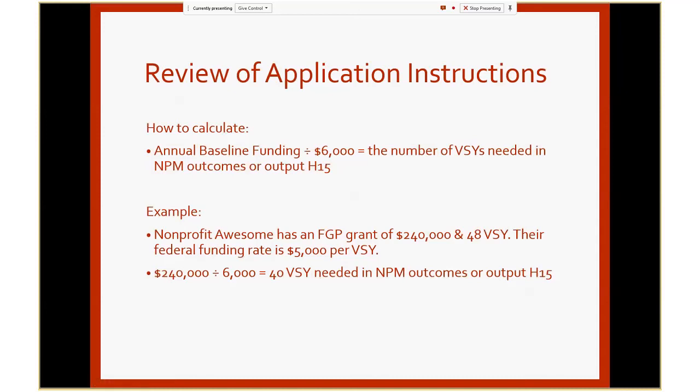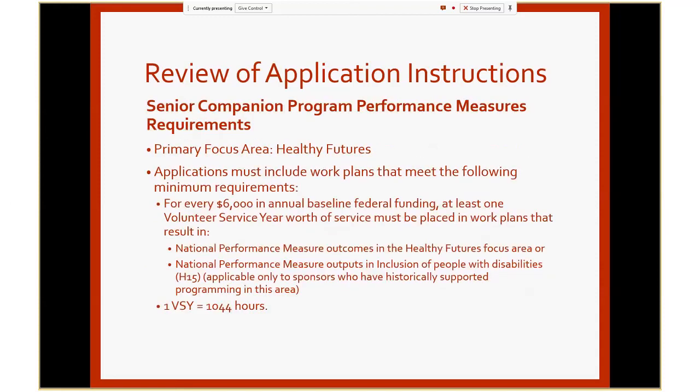All right, so that's a refresher of the overview for FGP. Let's take a quick look at SCP here. The primary focus area for Senior Companion Program is Healthy Futures, so each of your work plans will include that as the focus area. And these requirements, you'll notice, look pretty similar. $6,000 in annual baseline funding.